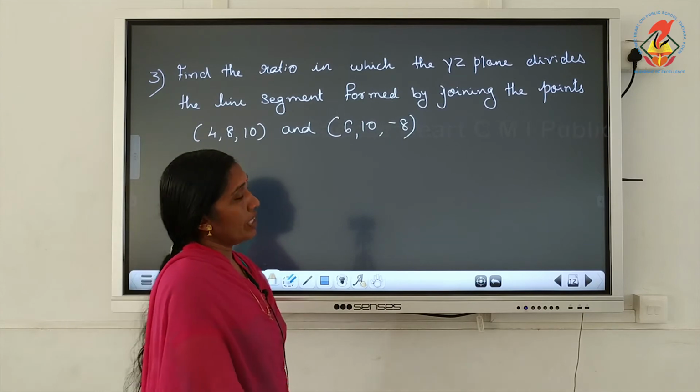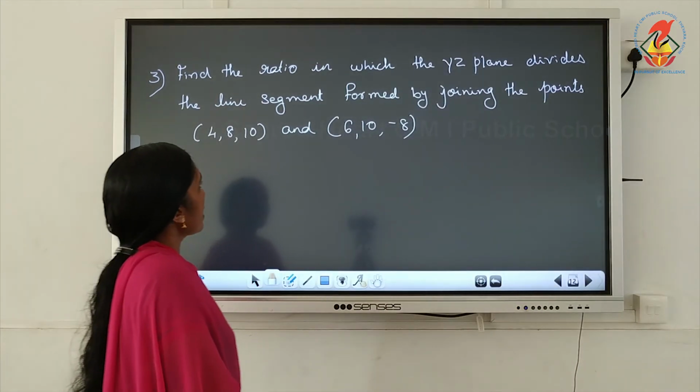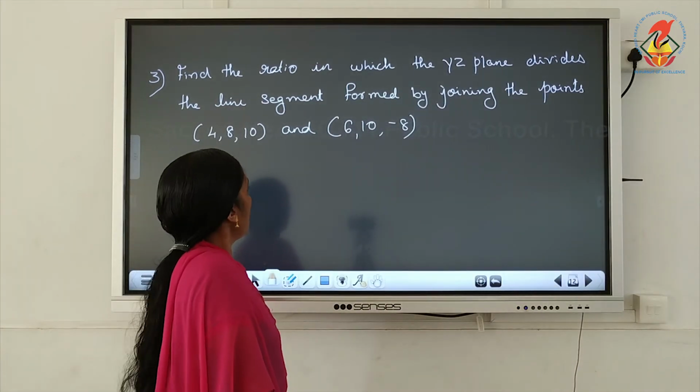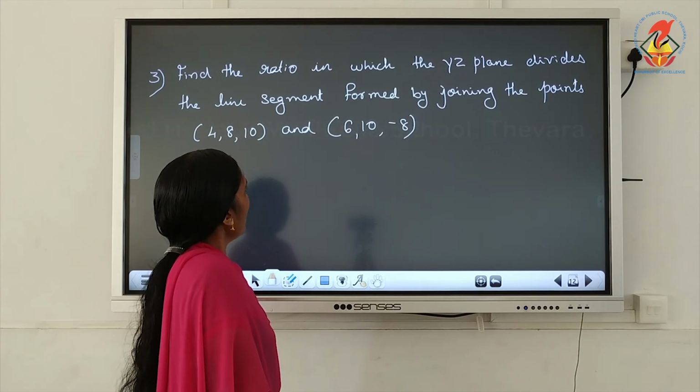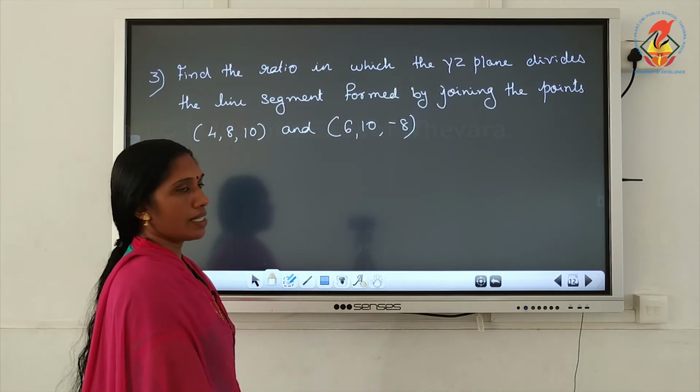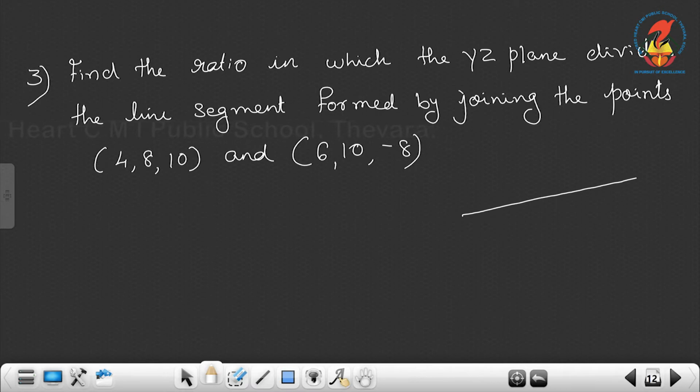Find the ratio in which the YZ plane divides the line segment formed by joining the points 4, 8, 10 and 6, 10, minus 8. So, here also 2 points are given. Let the points be P and Q: 4, 8, 10 and 6, 10, minus 8. It is a line segment.